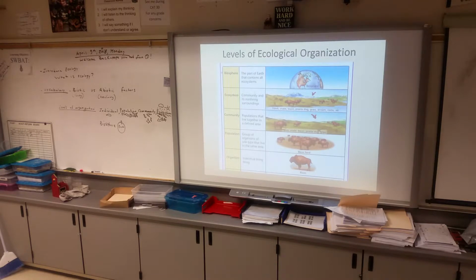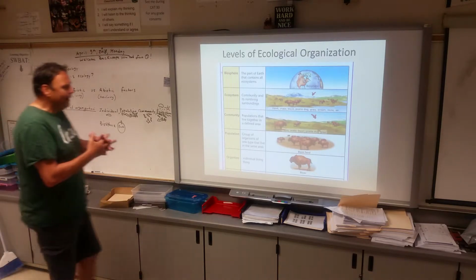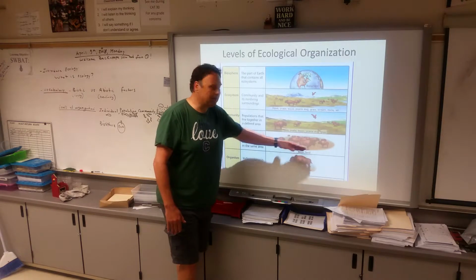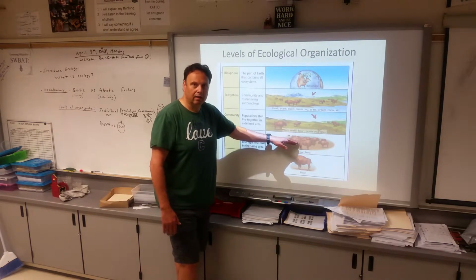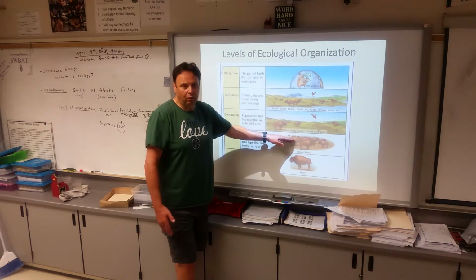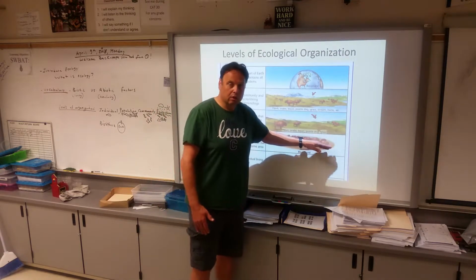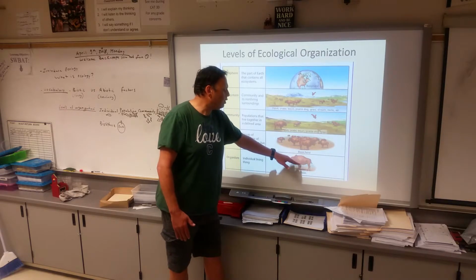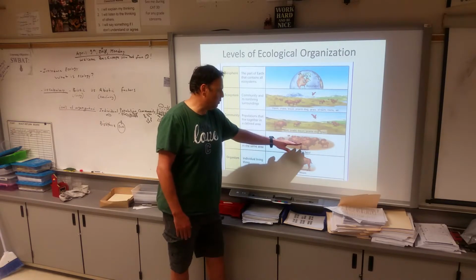That wouldn't work. It has to be individuals that can mate and have kids, and then their kids have kids, and their kids have kids, etc. So these bison, they could do that. You could leave these bison for a while, and they would increase in numbers. So that means they are a population. So you've got the individual, and a bunch of that same type as a population.